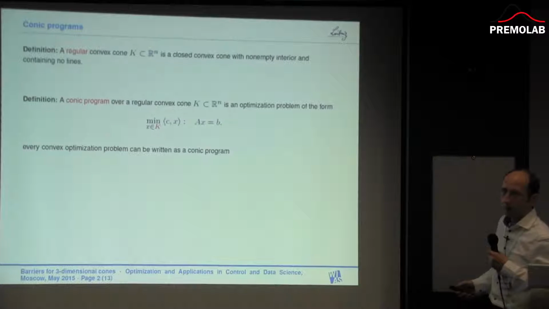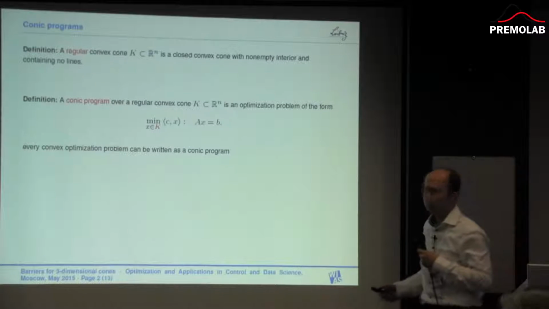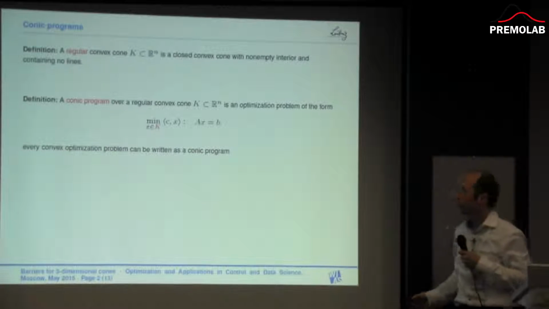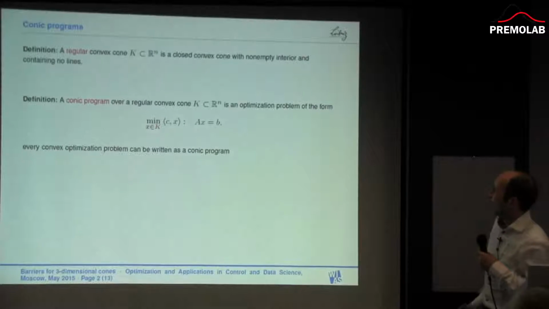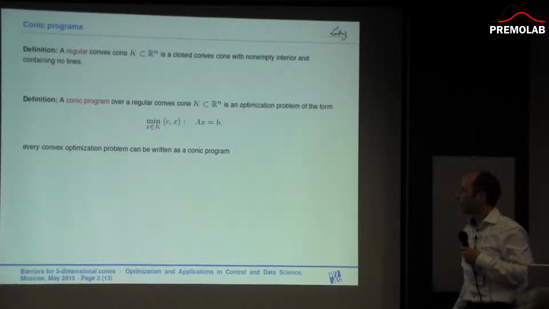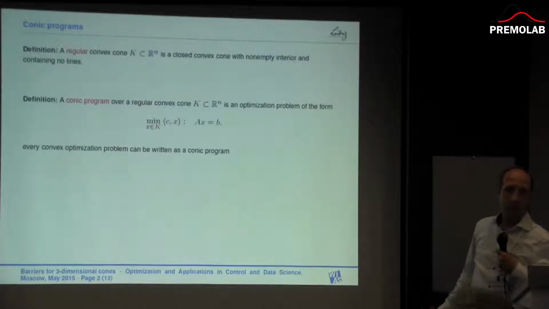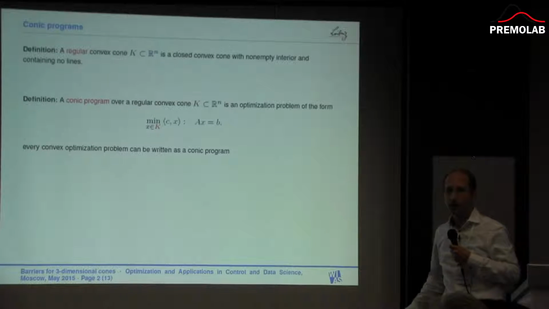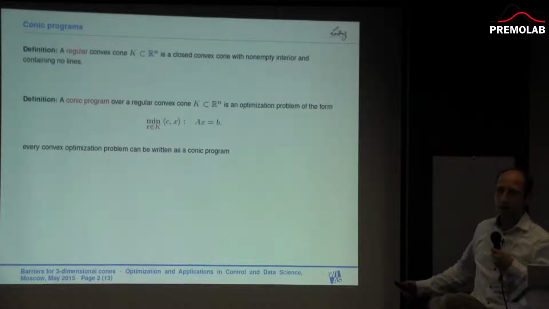Okay, so first some introduction, which is probably very familiar. So, a regular convex cone. And over such cones, we can define conic programs, which are just problems of minimization of linear functions over an intersection of the cone with an affine subspace.